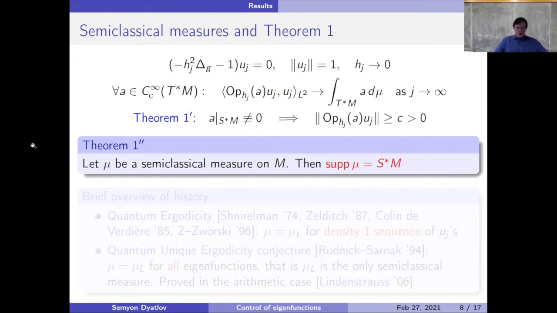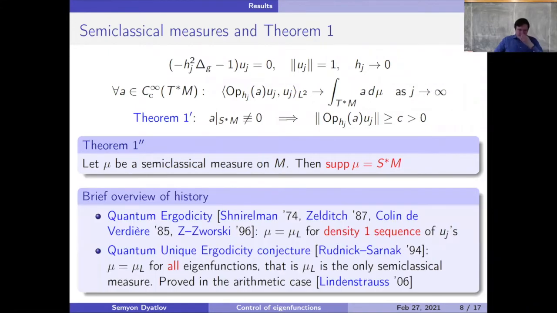All right, so now it's time to discuss a little bit of history. This was already discussed in the previous talk, but I'll briefly talk about that. So the study of semiclassical measures was started really, I think the first statement that was proved for that is the celebrated quantum ergodicity theorem.